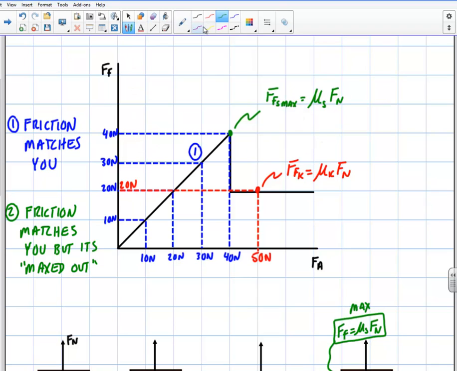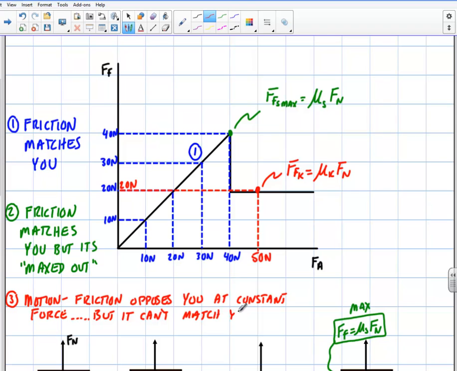And then the third situation is simply that you have motion or kinetic friction. You have motion, and friction still opposes you at a constant force, but it can't match you. So this is the point where you have won. You are accelerating faster and faster here. Now, the only way to find situation number one is to do a free body diagram.